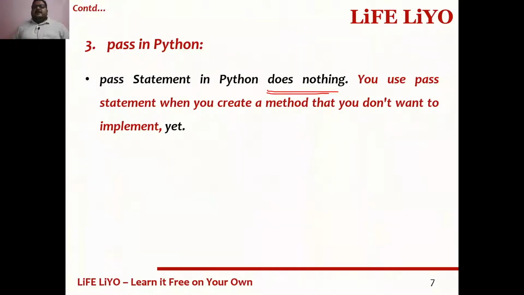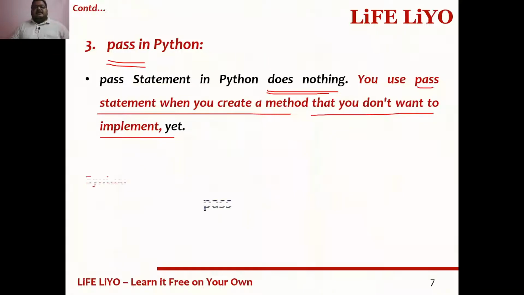That is, you use the pass statement when you create a method but you don't want to implement it right now. Simply speaking, it is a null statement. What is the syntax? Simply pass.